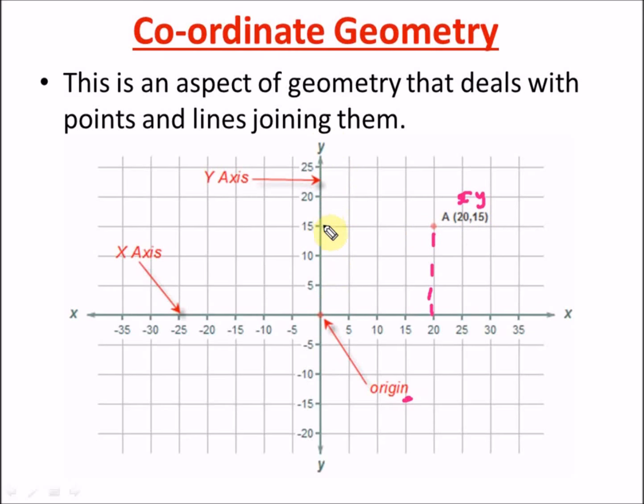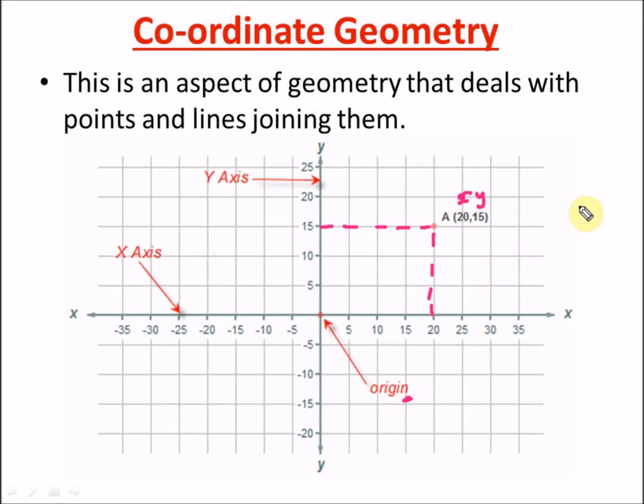You come to your y-axis, the point on your y-axis is 15. So we point this out. This is point A, at x as 20 and y as 15. This is how you locate a point on a two-dimensional plane.